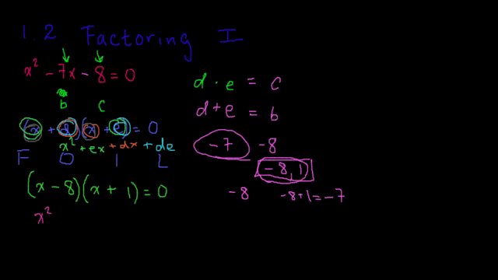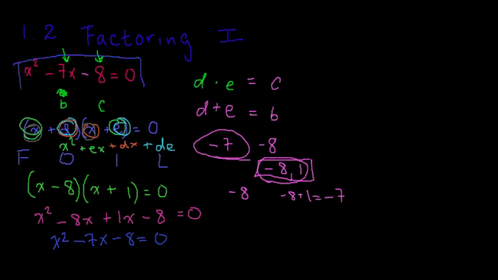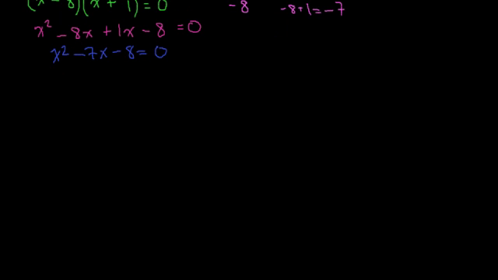That's minus 8 and x, so that's minus 8x, plus 1x, which is just plus 1x, then negative 8 times 1 is negative 8. That's all equal to 0. We can add these two, and we'll get that x squared minus 7x minus 8 equals 0. Well, hello. Look at that. Works flawlessly.